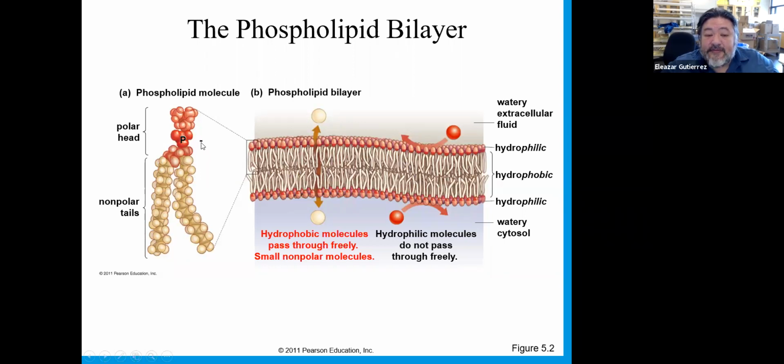And then there's two nonpolar tails. And then here's our variable sugar group at the top. So consequently, we have what we call a hydrophilic or water-loving head and a hydrophobic or water-fearing tail, okay?